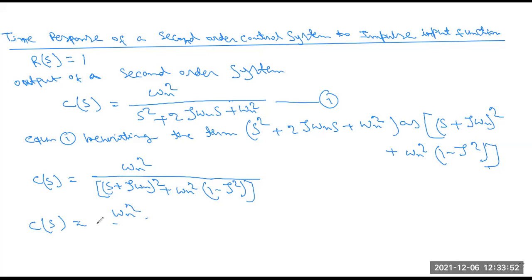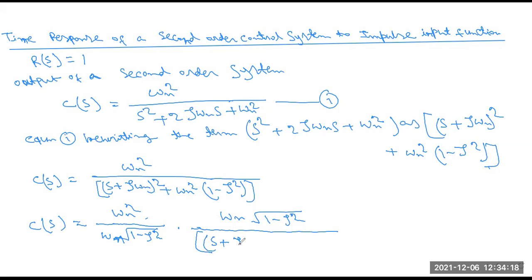That means first is omega n square by omega n root over of 1 minus zeta square, dot another one, omega n root over of 1 minus zeta square, divided by (s plus zeta omega n) whole square plus omega n square into (1 minus zeta square).